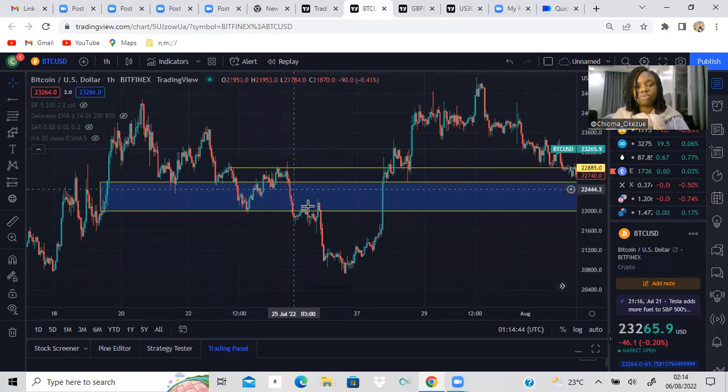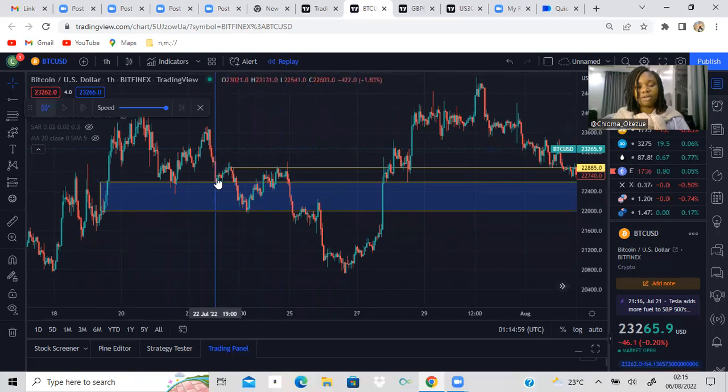So we're just going to wait for a break of structure here. I'm going to put a replay so we see it work. This was a lower low and a higher low and a lower low. So I'm just going to break this down here.